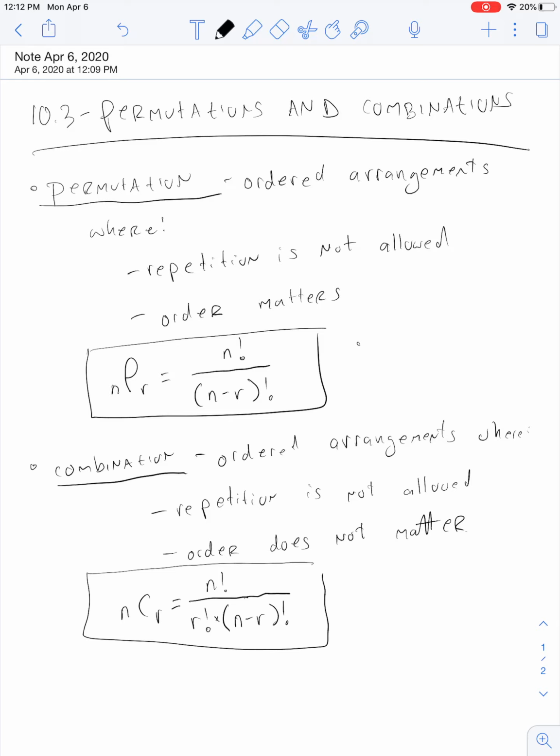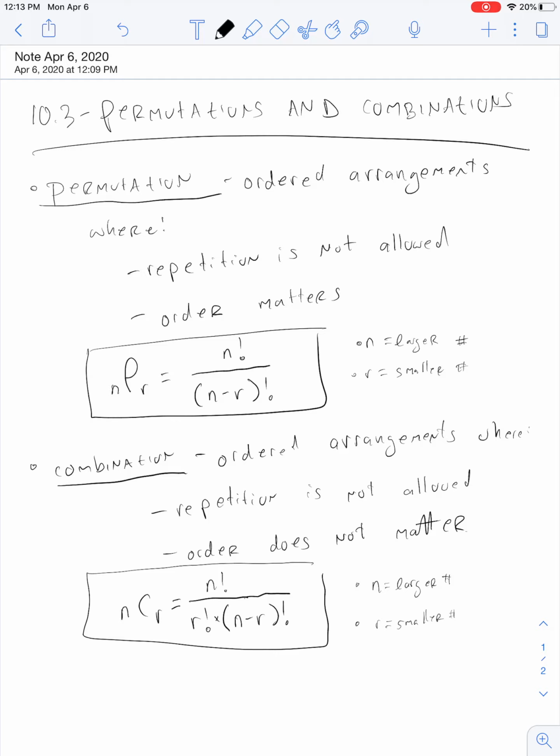In both cases, n is always the larger number. R will be the smaller one. Same thing here. N is the larger number. R is a smaller number.